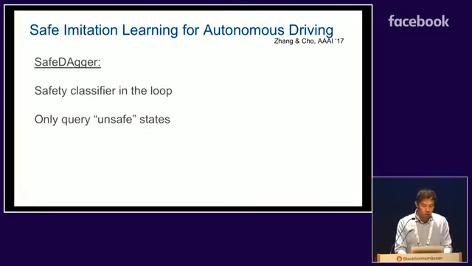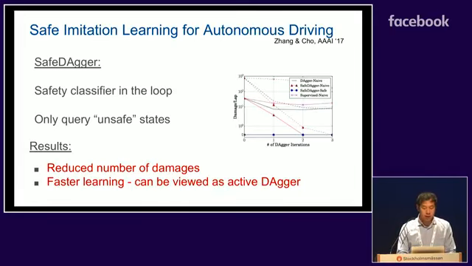And so basically, the authors propose an algorithm called safe DAgger based on this principle. And the key difference between safe DAgger and the original DAgger is that we use a safety classifier to decide whether states are unsafe, and then we only query experts at those unsafe states. So we can think of this as an active version of DAgger.